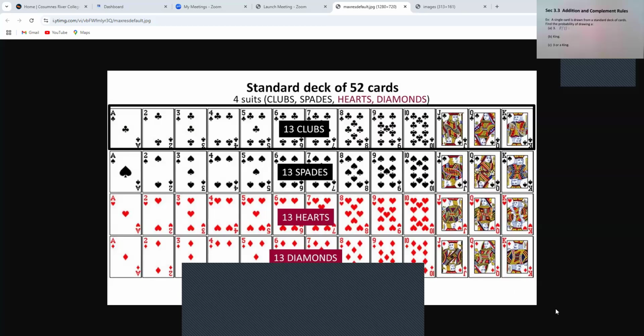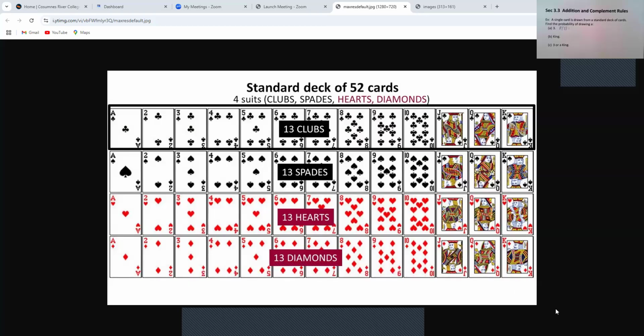You can see the 52 cards right here. 4 of those cards are the number 3. These 4 over here. So out of the 52 cards, 4 of them are 3s. So there is a 4 out of 52 chance of drawing a 3 if you randomly picked a card.